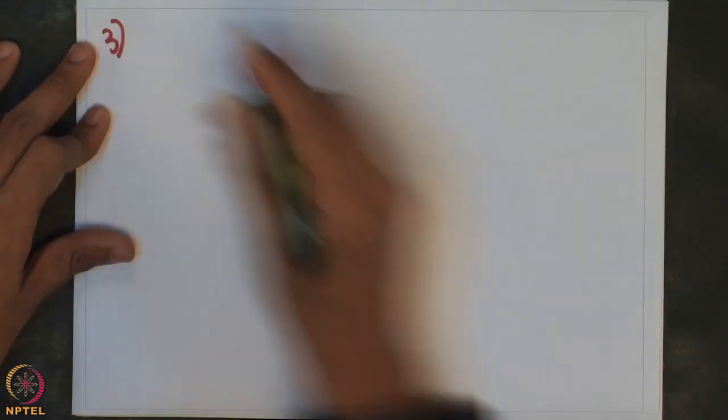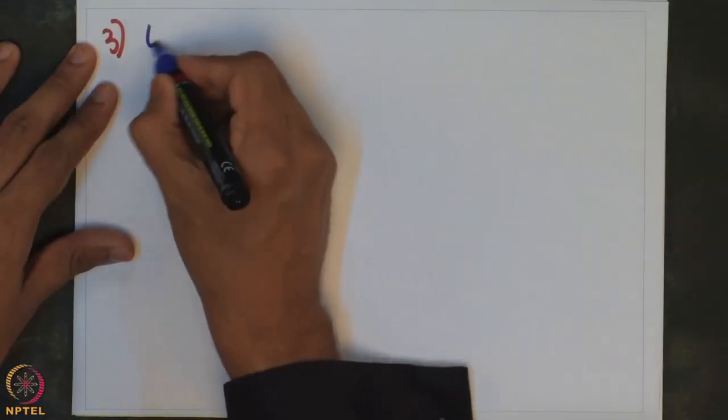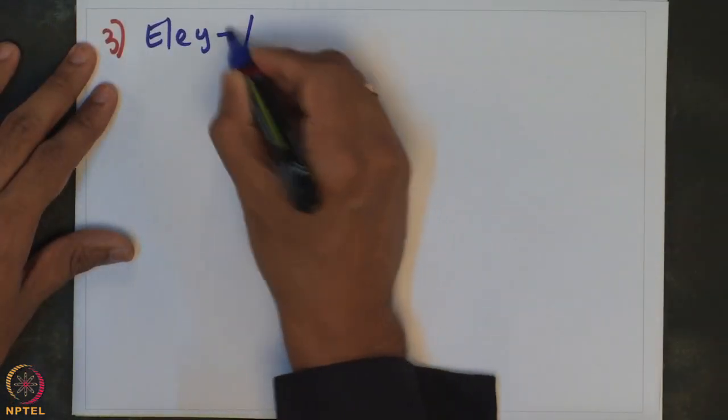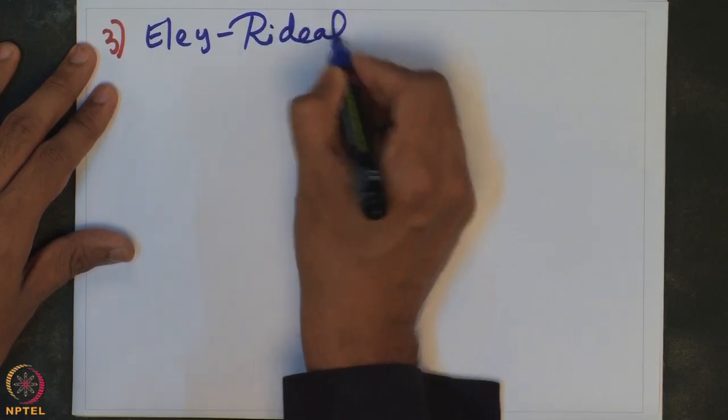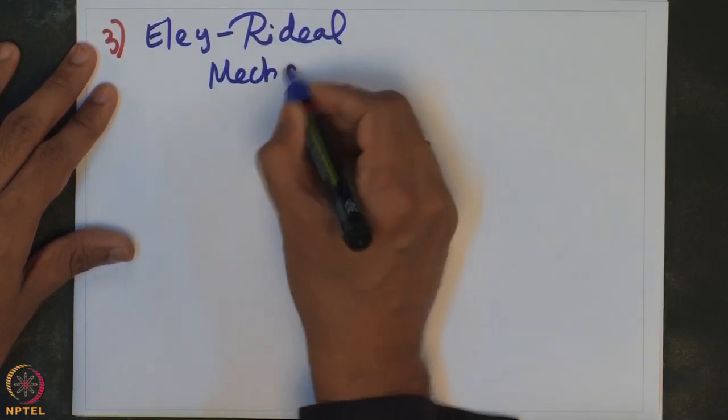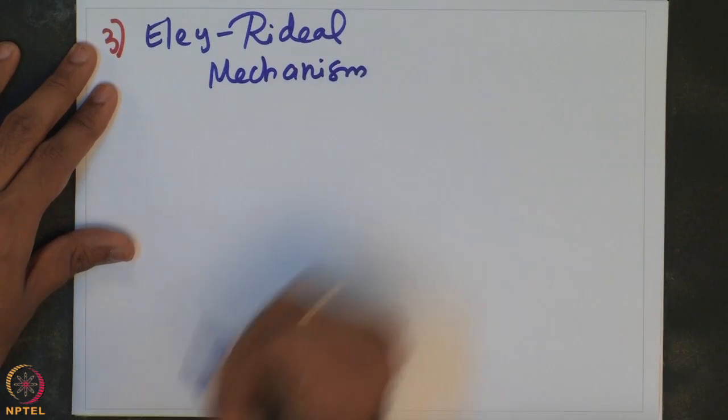So let us look at a third case, which is called the Eley-Rideal mechanism.